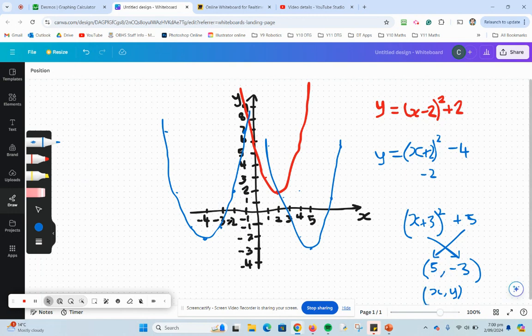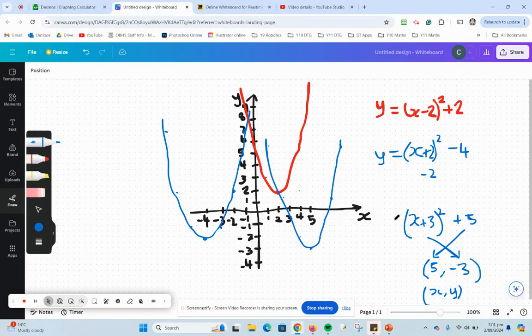So at 5 and then minus 3, that's the vertex point. So I can get it by looking at the opposite number there. That gives me the y value, and the end value gives me the x value. Then I can plot the vertex, and then I can go across 1, up 1, across 2, up 4, across 3, up 9, etc.